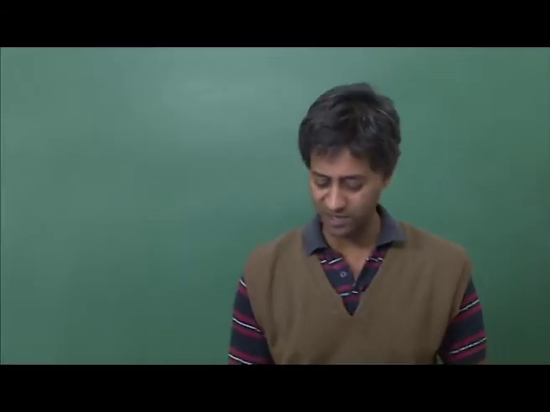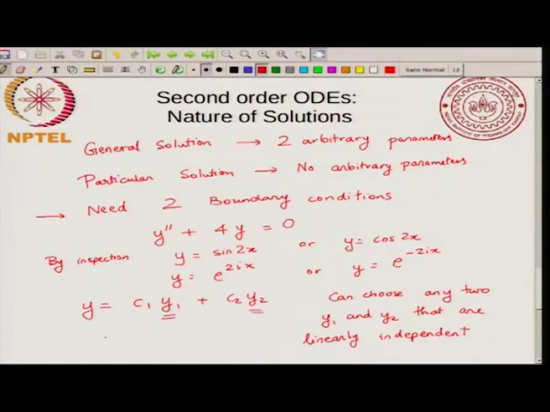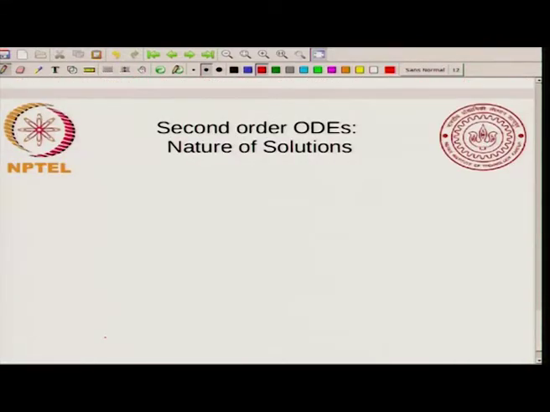Okay. So, one way to write the solution would be to take, let us say, y equal to a sine 2x plus b cosine 2x. Okay. So, this might be one way, where a and b are constants which are determined by the boundary conditions, or y is equal to a e raised to 2ix plus b e raised to minus 2ix.